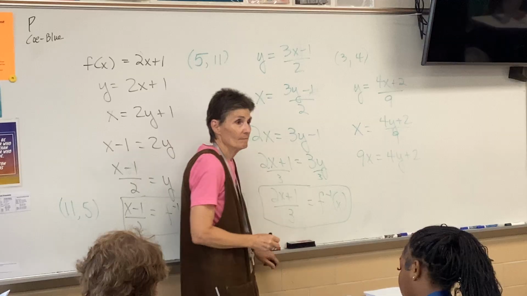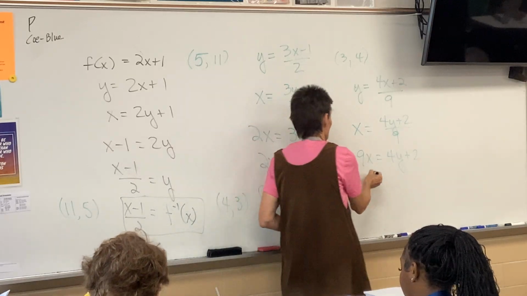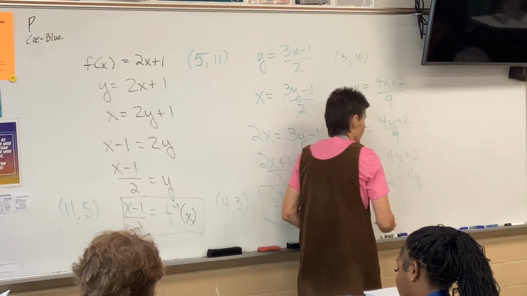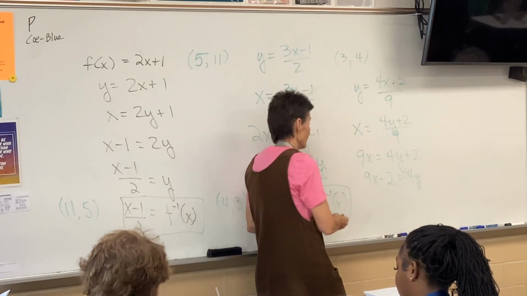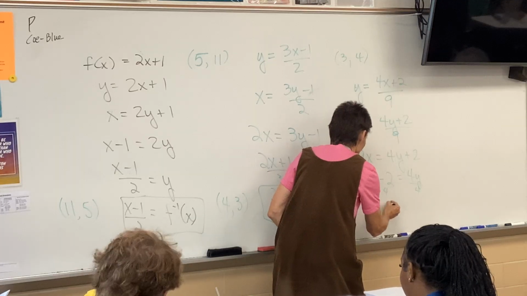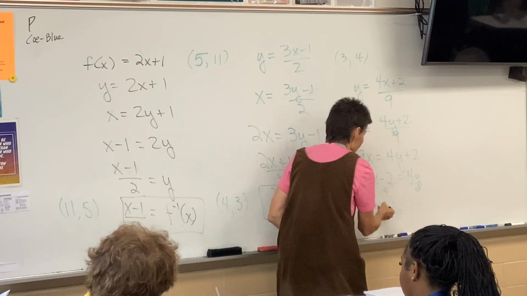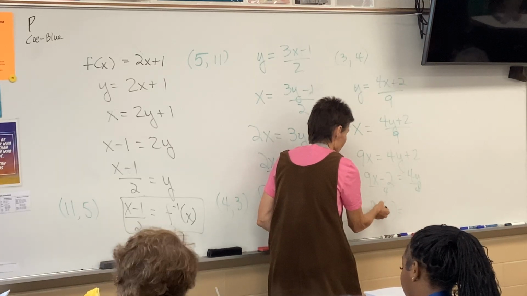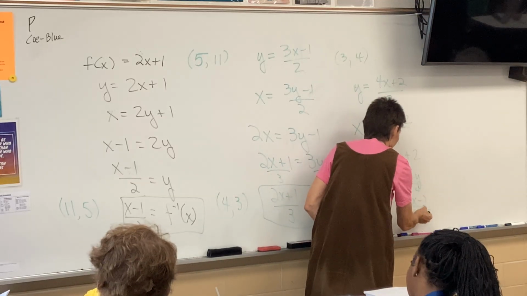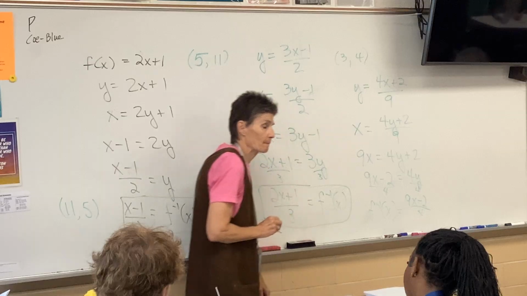And then subtract 2. And then divide by 4. So your inverse, and we're gonna get in the habit of writing our inverse notation. This is your answer, is 9x minus 2 over 4.